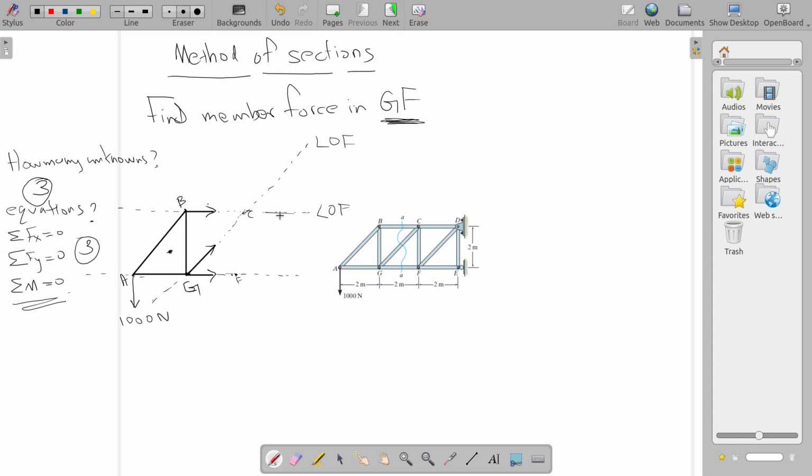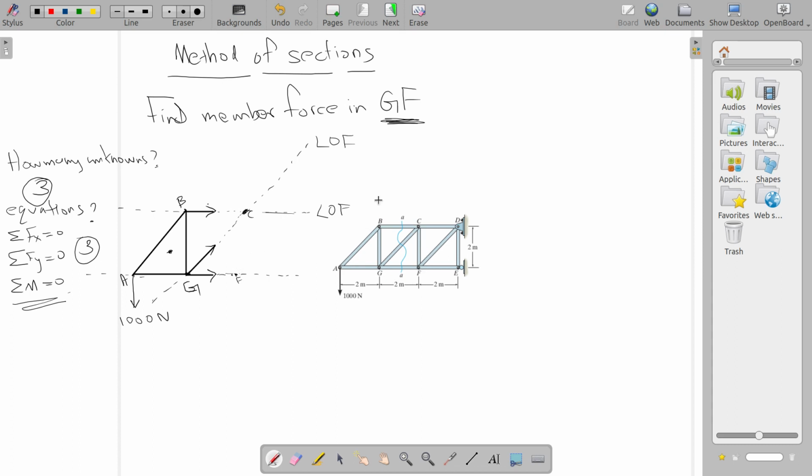And where are they meeting? They are meeting here. So if you take moment about this point, the lines of action of BC and GC pass through this point, and those member forces will disappear from the equation and only GF will remain. So that will make sure that GF is the only unknown in the equation and you can calculate GF in a single step, right? So that's the easiest way to deal with the problem.